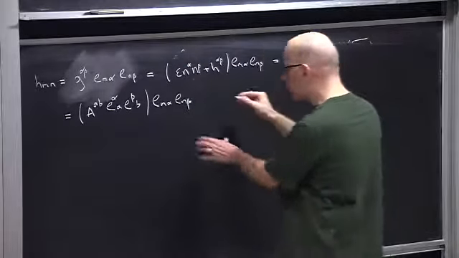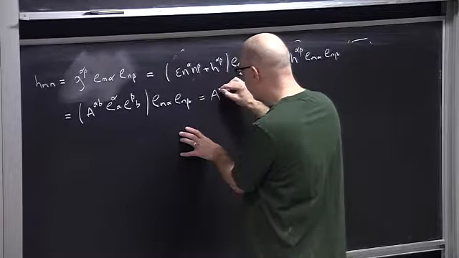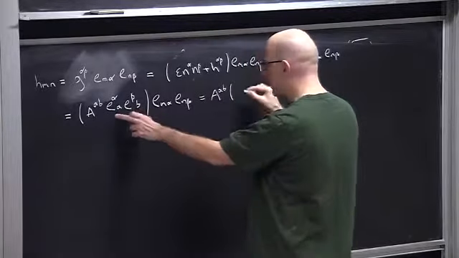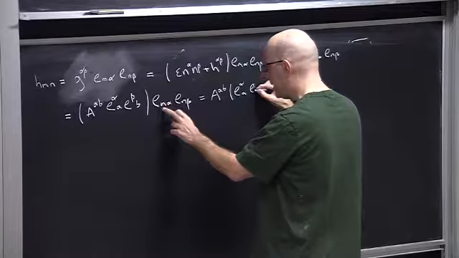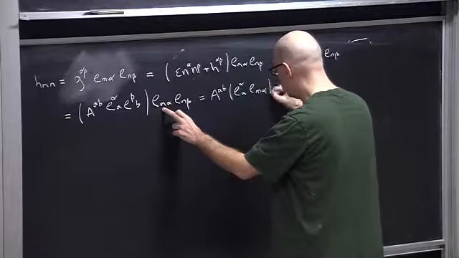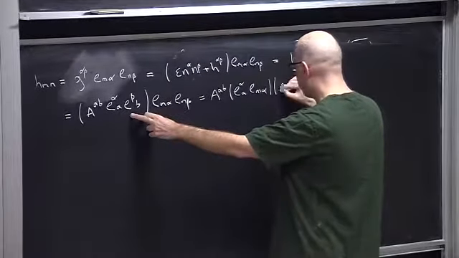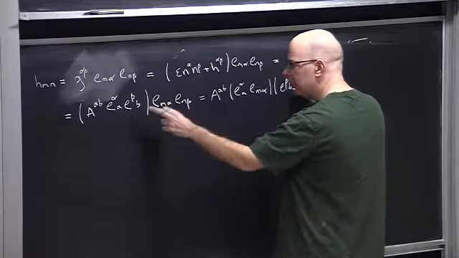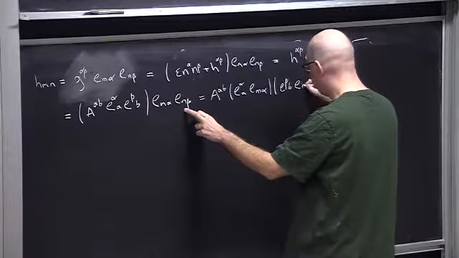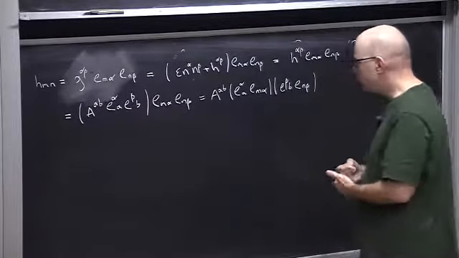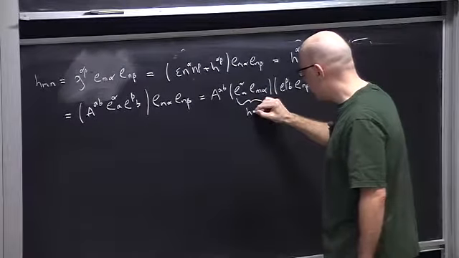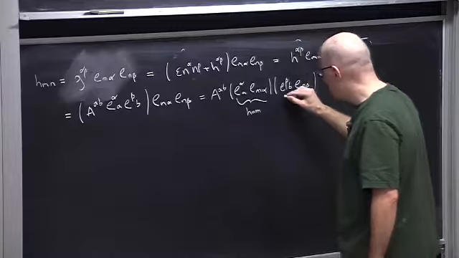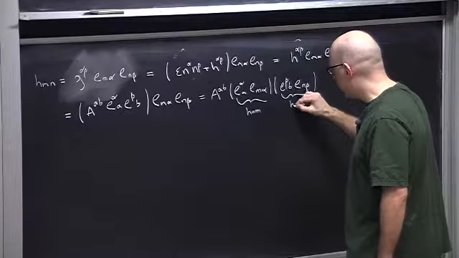We have A^{AB} that multiplies the inner product between e_A and e_M. And after that, we have the inner product between e_B and e_N. So this, by definition, is H_{AM}. And this, by definition, is H_{BN}.